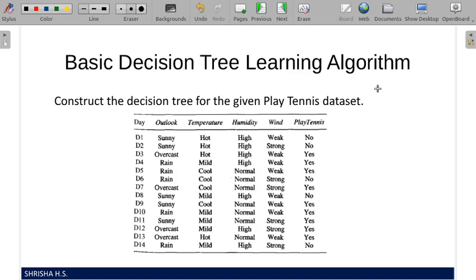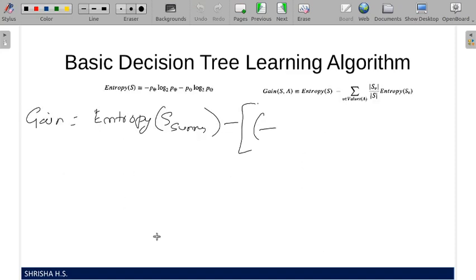We calculate it only when they are sunny. So how many are high here? 1, 2, 3. So 3 are high, and the remaining 2 are normal. We have a normal sunny here, normal sunny here also. So 3 highs and 2 normals we have, considering only when outlook equals sunny.